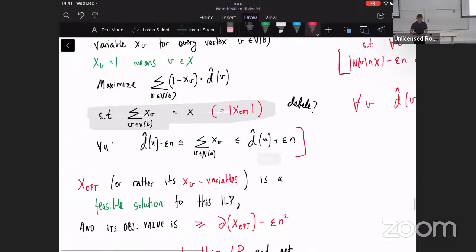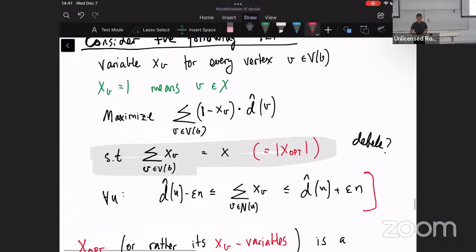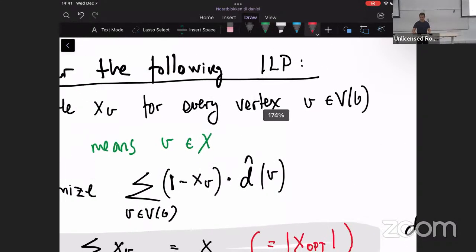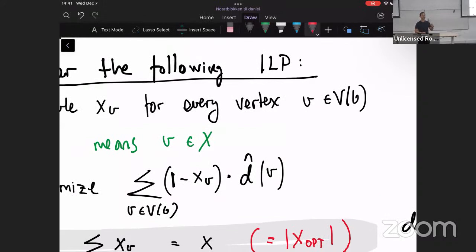Okay. Now, what is the value of X opt when seen as a solution to the ILP? So what is the value of the vector of x's corresponding to the actual solution X?